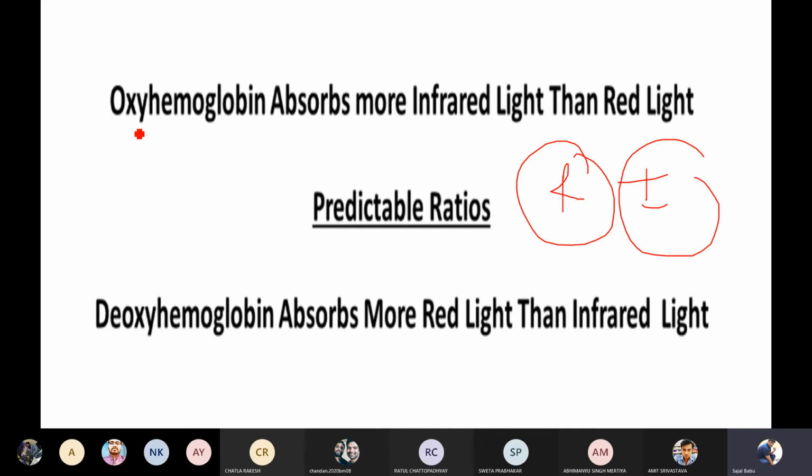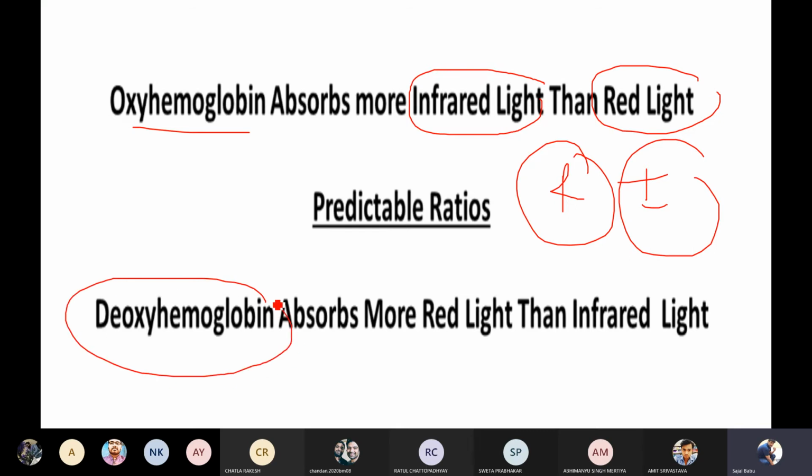As you know, oxyhemoglobin, that means the hemoglobin which is carrying oxygen, will absorb more infrared light and very little red light. If you consider deoxyhemoglobin, it does not have oxygen with it, so it will absorb more red light and less infrared light.